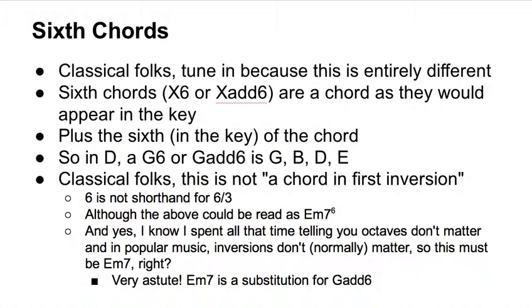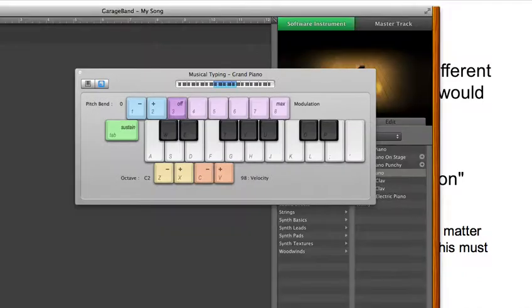The next type of chord that we are going to look at is a sixth chord. I'm sorry, let me go back and play a couple of sus chords. So a D sus, instead of, this is D, F sharp, and A. That's a D major chord.